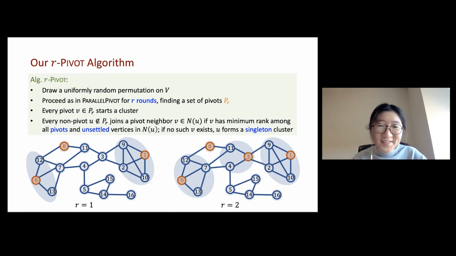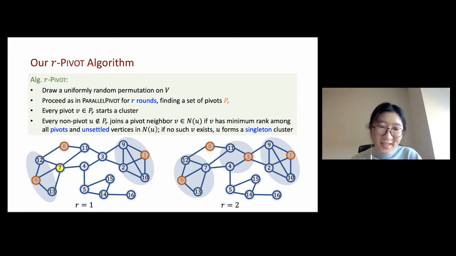This last step is a little bit dense, so let me explain it a little bit more. For example, in this graph, if we run the R-pivot algorithm for one round and look at this vertex 7, it has a pivot neighbor 6, but it doesn't choose to join that cluster.